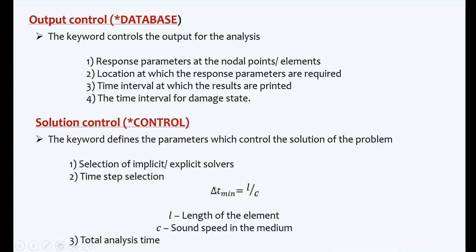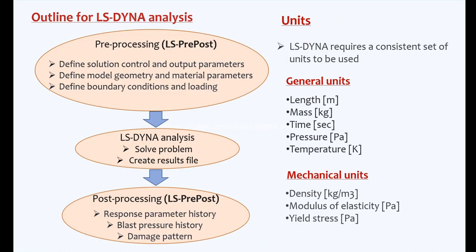Usually people select the time step using this equation, where L is the length of the element and C is the sound speed in that medium. So these are the basic parameters that we will be discussing later in this solution. Next I'll directly go to the problem and explain how to solve it.